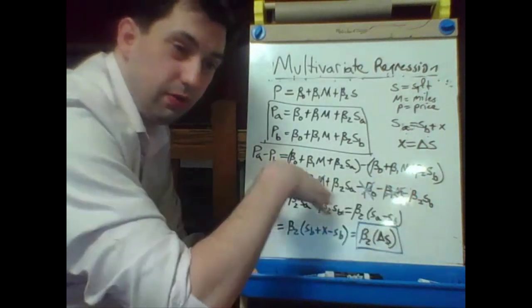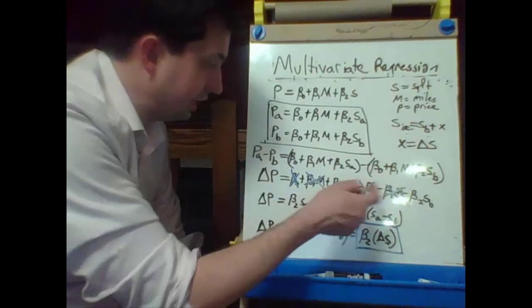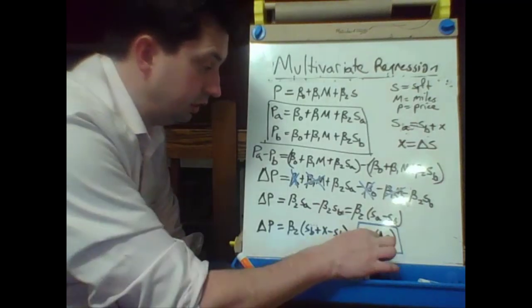You don't need the values for the other variables, they just cancel right out. The beta 0, the intercept, cancels out too. All you need is the change of X.